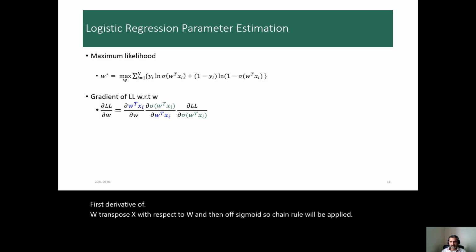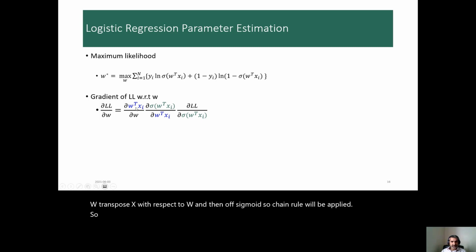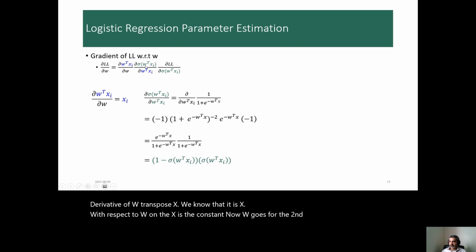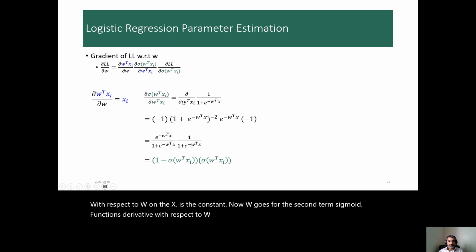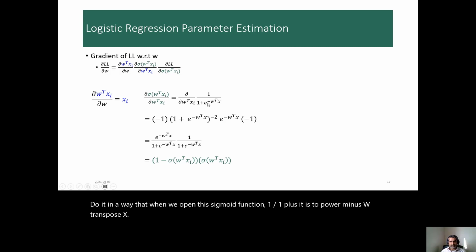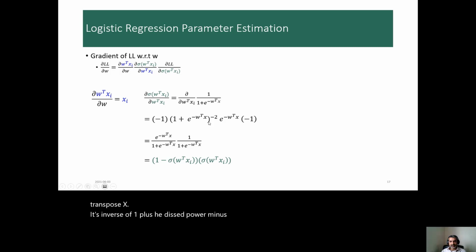So in 2 steps. For the derivative of W transpose X, we know that it is X with respect to W; only X is the constant now, W goes. For the second term, the sigmoid function's derivative with respect to W transpose X, we need to do it in a way that when we open this sigmoid function, 1 over 1 plus e raised to power minus W transpose X, it's the inverse of 1 plus e raised to power minus W transpose X, right?